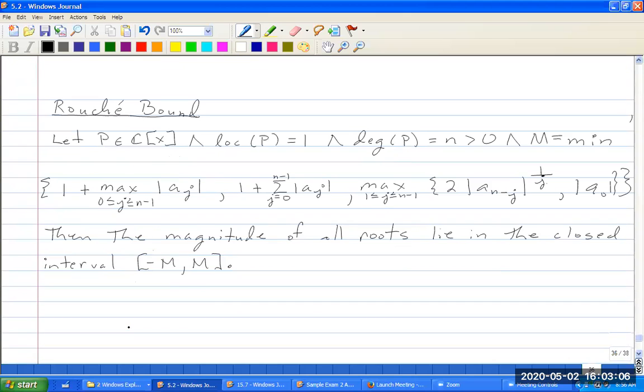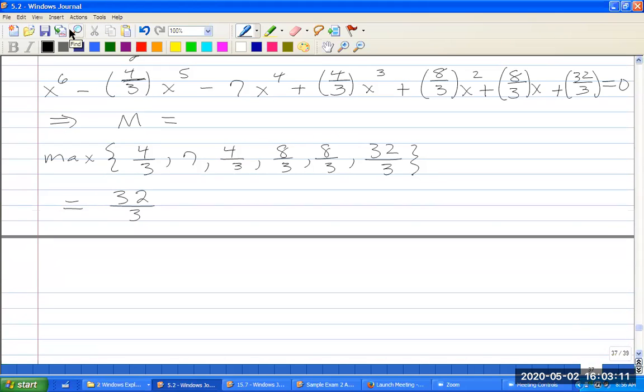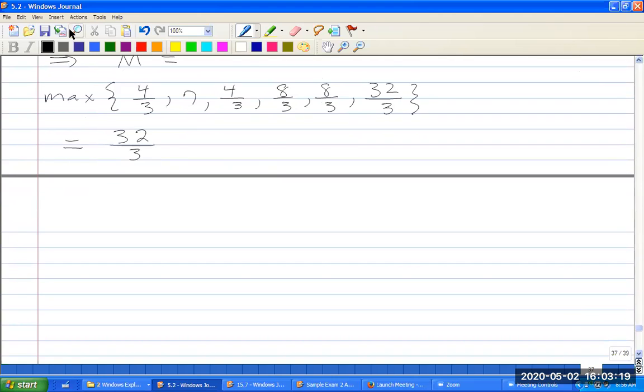Therefore, by Cauchy's bound, all real roots of my polynomial lie between negative 35/3 and positive 35/3.